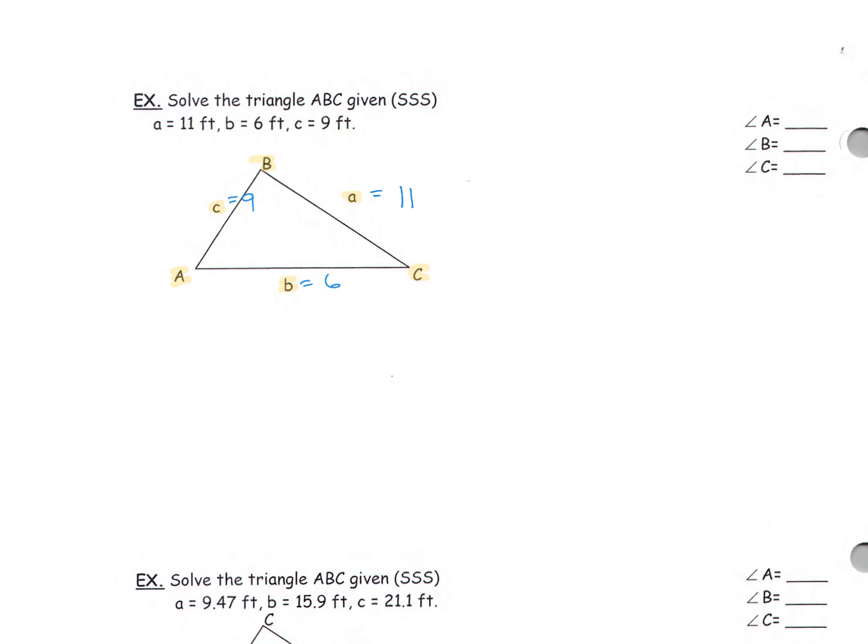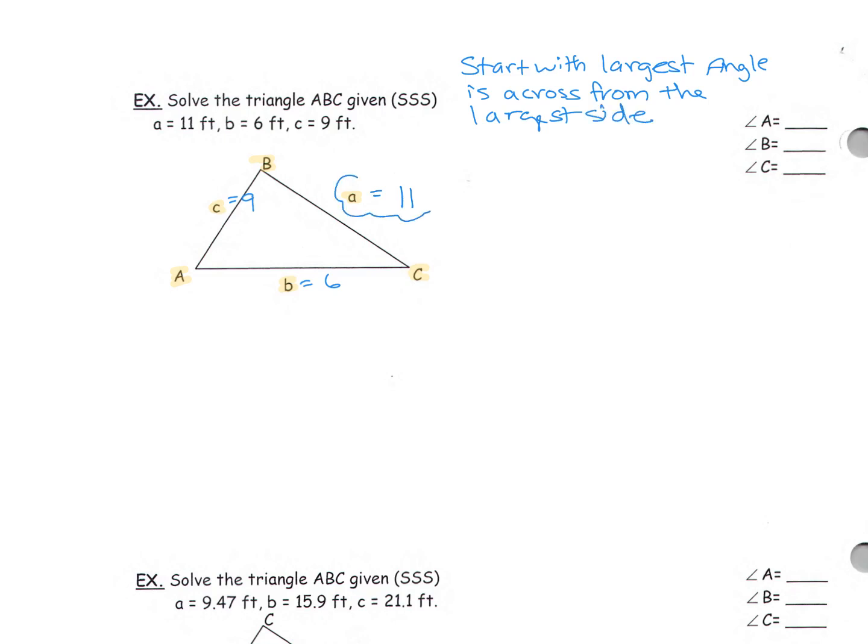So when you have this case, you need to start with the largest angle. And the largest angle is across from the largest side. So even though it doesn't look like it, my largest side in this problem is the 11.